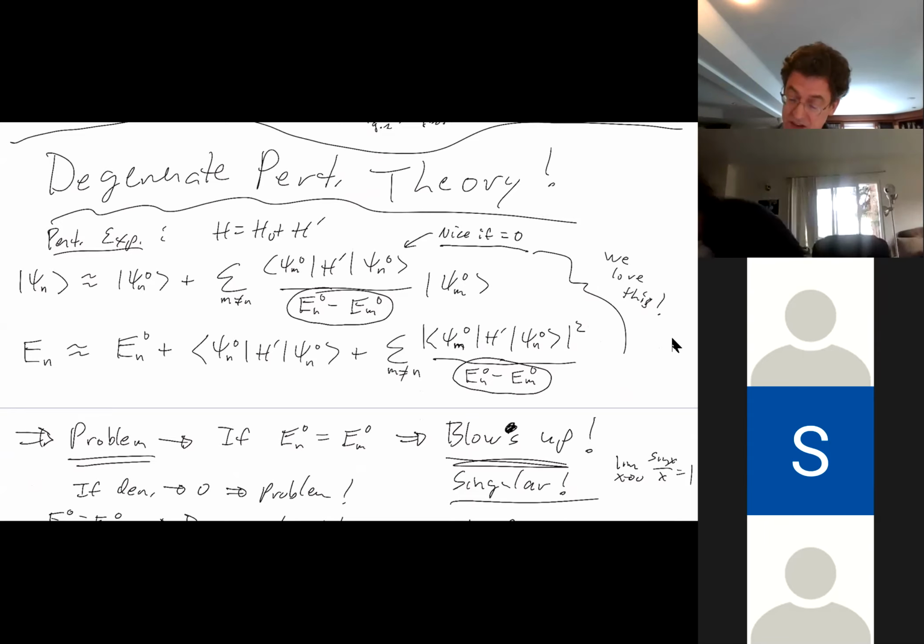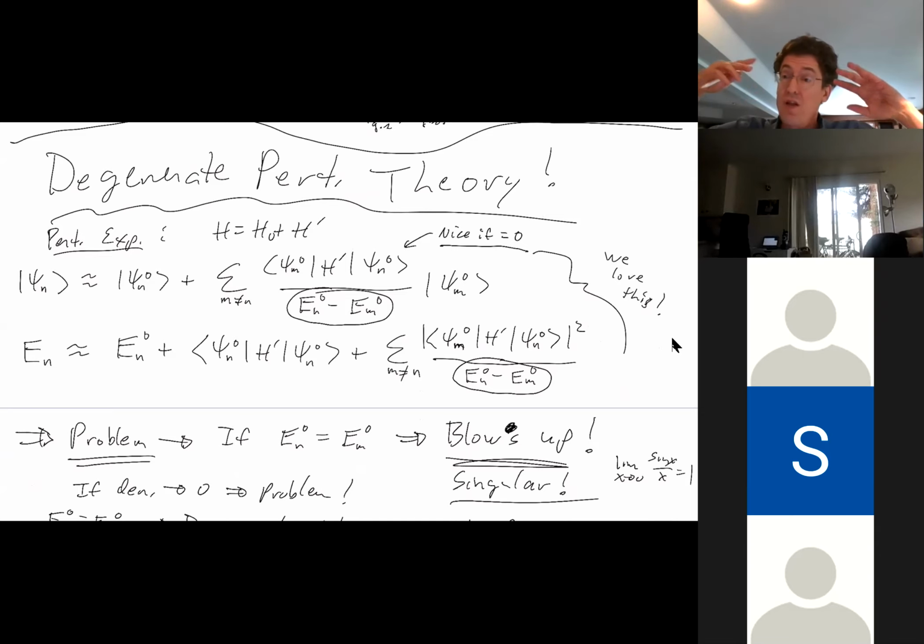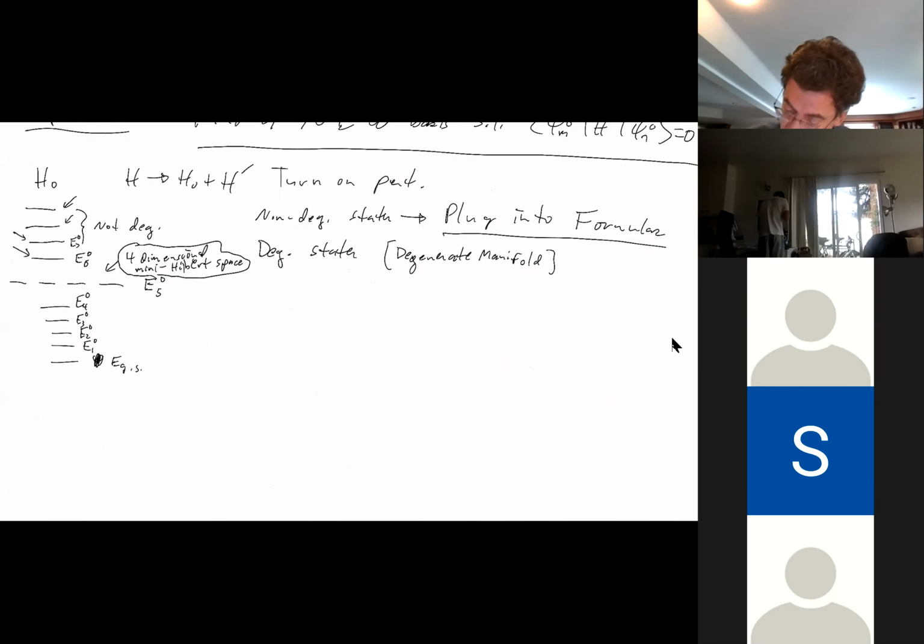If the numerator in the formula equals 0, then in the degenerate manifold, your perturbation expansion won't blow up.